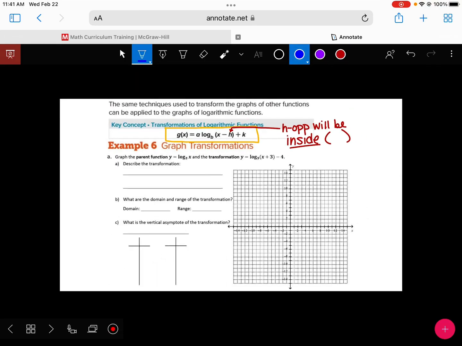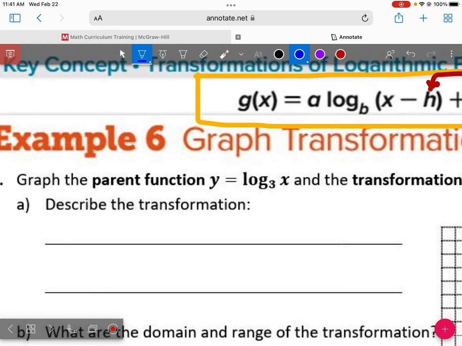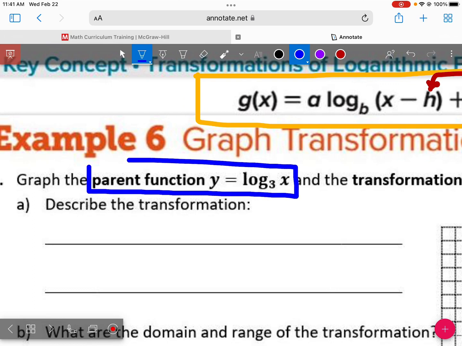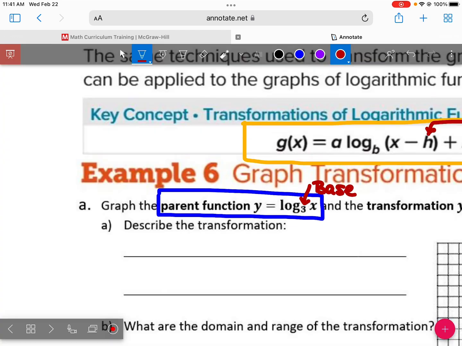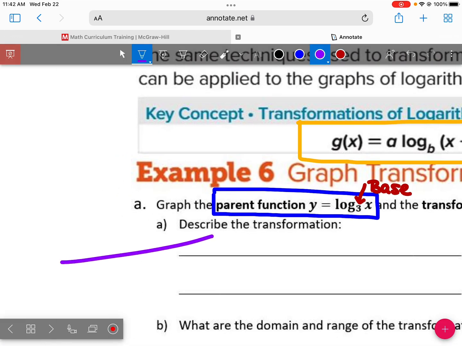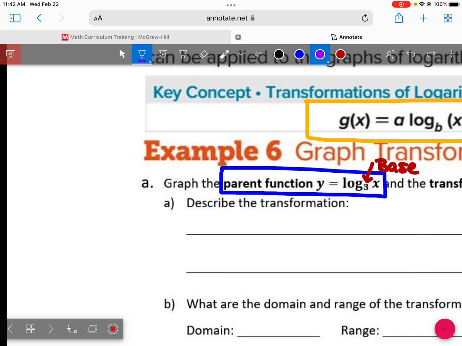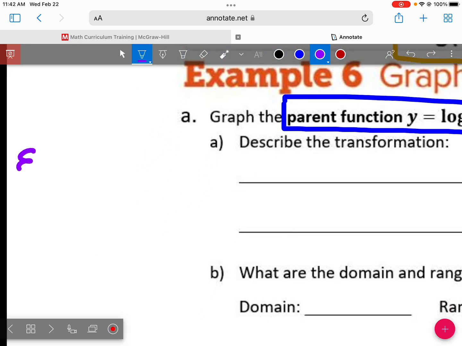First thing I want to do is get our parent graphed. What is the base on this parent? Yes. So here's the base. So off to the side, I'm going to do my exponential table so that I can make my parent table.